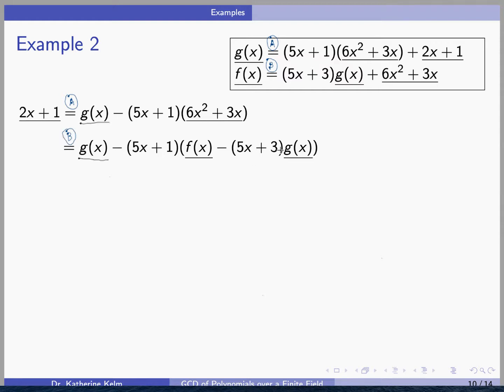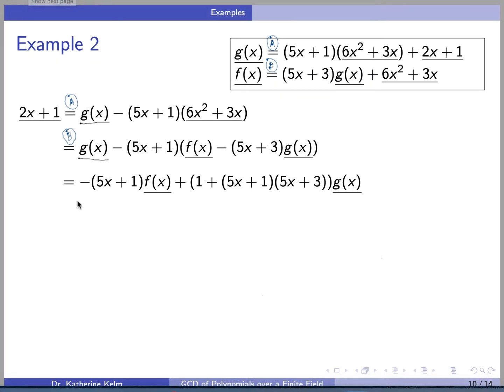Now everything on the right-hand side of this equation is a linear combination of f of x and g of x. So now we just have to combine the like terms. We get minus the quantity 5x plus 1 times f of x plus 1 plus 5x plus 1 times 5x plus 3 times g of x.